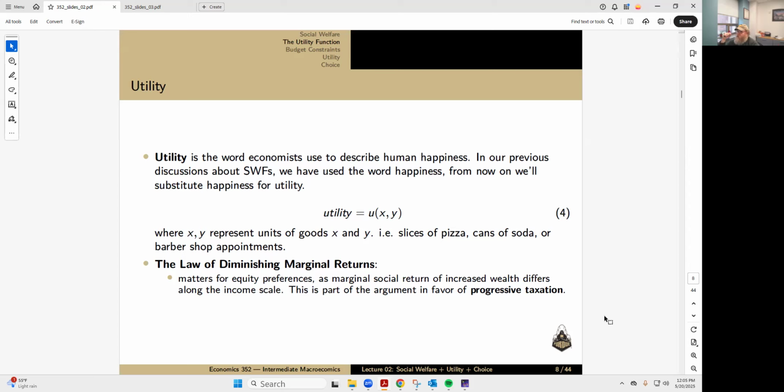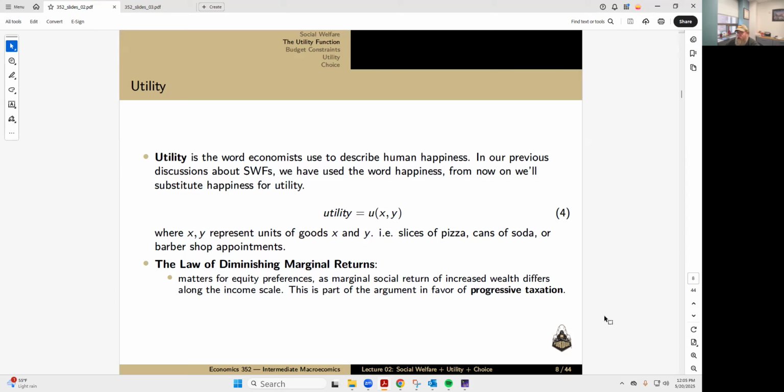But maybe the argument is that the rich person is able to invest that money and it generates gains for the economy that ultimately will benefit the low income individual. In a way, this gets twisted into conversations about so-called trickle down economics and so on and so forth. But that is a debate and a philosophical conversation that we can have.